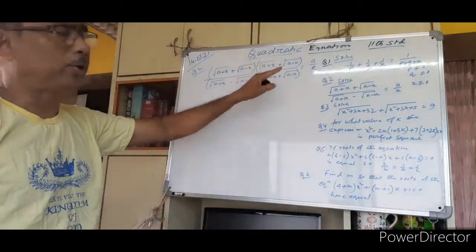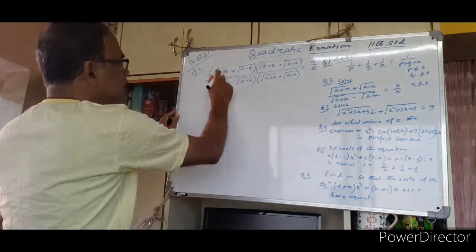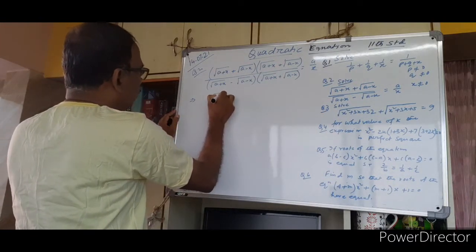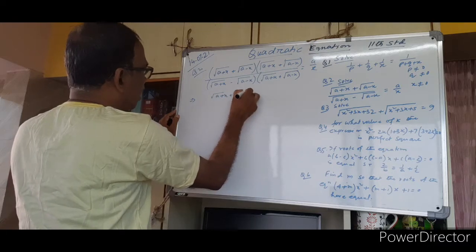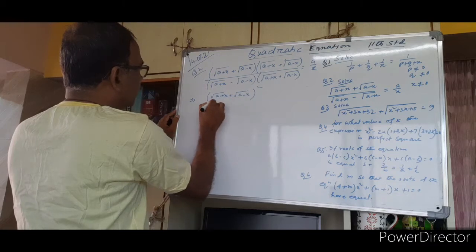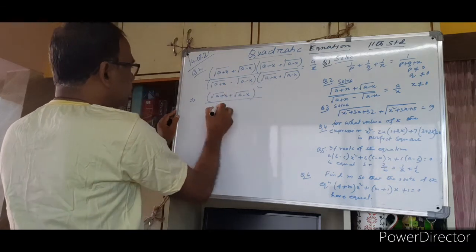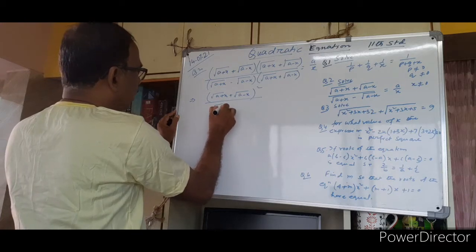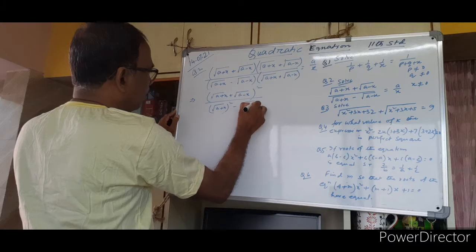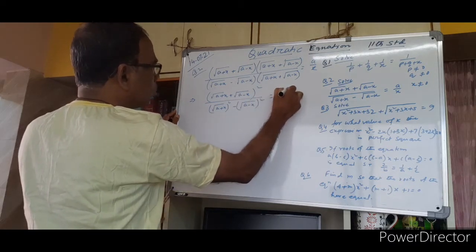Multiplying the numerator and denominator, that is rationalization. Now this is a whole square, that is root over a plus x plus root over a minus x whole square. And the denominator is a square minus b square, that is root over a plus x whole square minus root over a minus x whole square equals a by x.